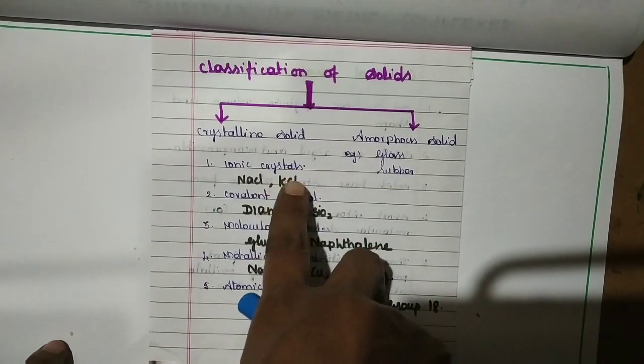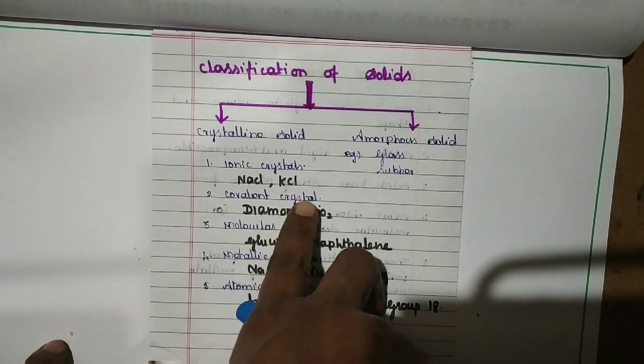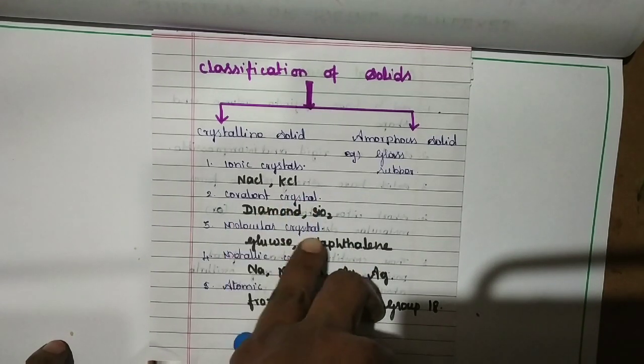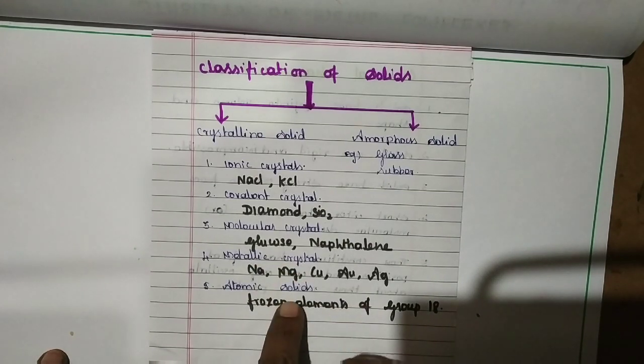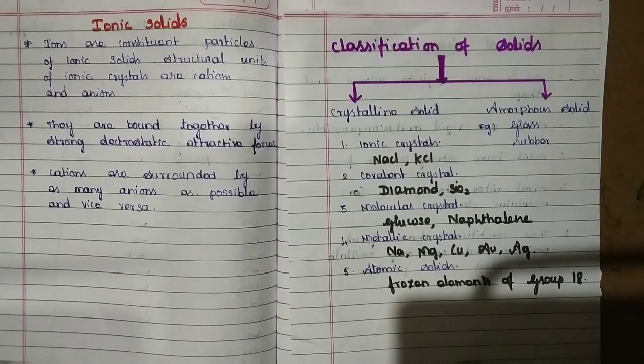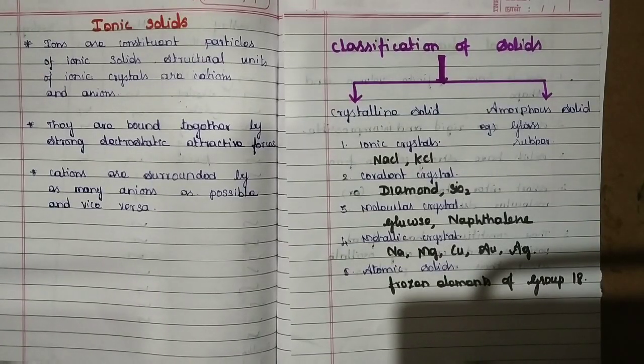First one is ionic crystals, next is covalent crystals, third is molecular crystals, fourth is metallic crystals, and fifth is atomic solids. First of all, ionic crystals. What does ionic mean?